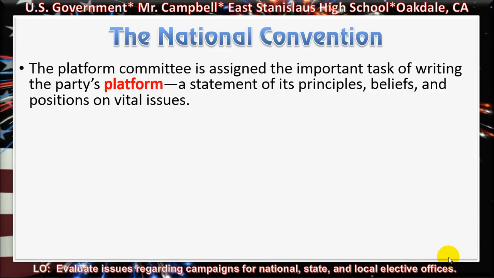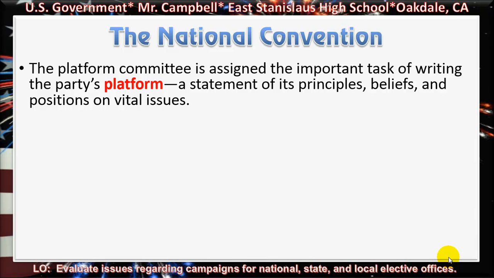In recent years, the Republicans have had the pro-life position as a part of the party's platform, and the Democrats have had the pro-choice view as a part of the party's platform. So, that's just one example.